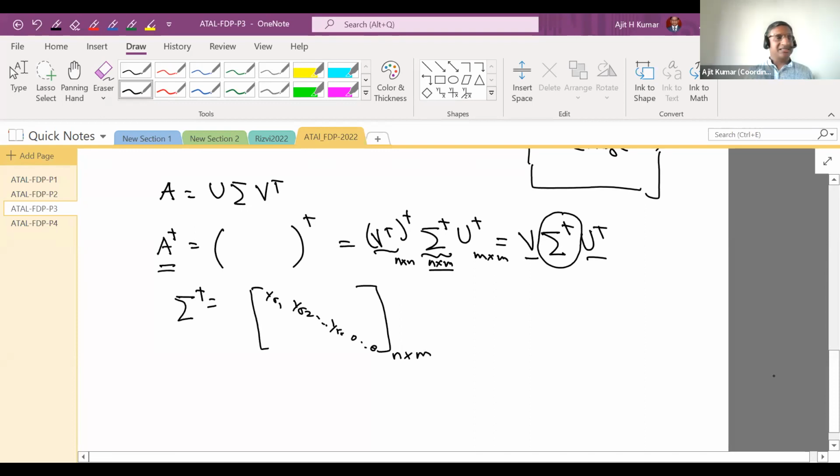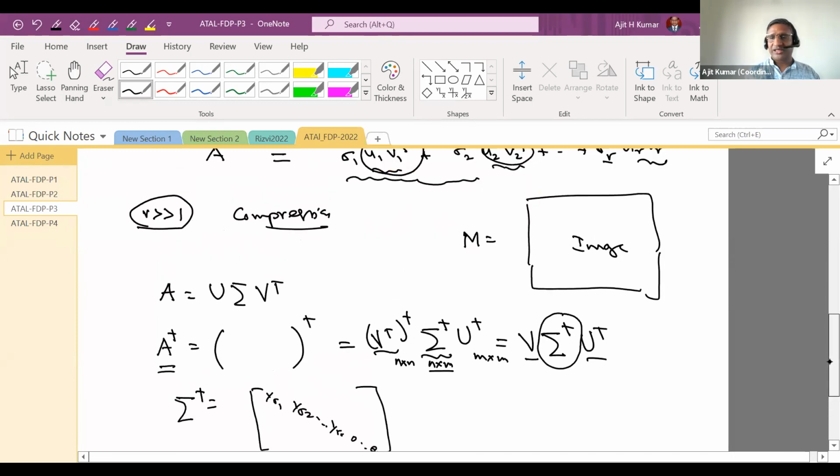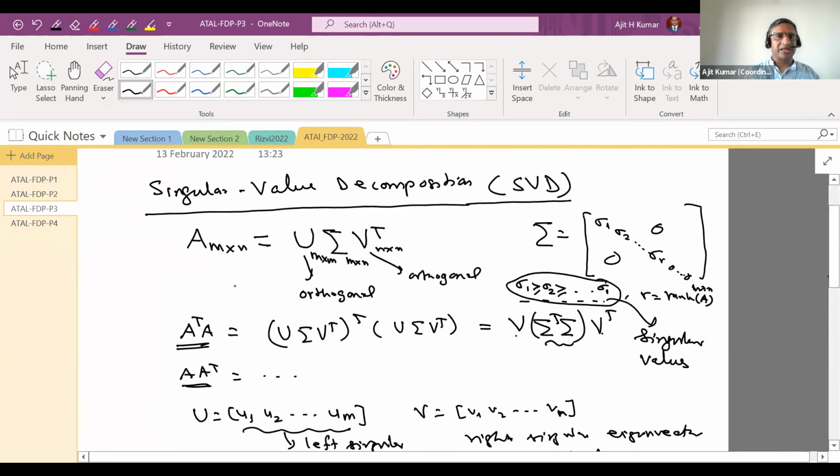So this is an application. One application is image processing. One application is that you can find the generalized inverse. Another application is geometric: what is A geometrically doing to any object can be obtained, because orthogonal matrices rotate, and the diagonal matrix will scale along the coordinate axes, and then again a rotation.